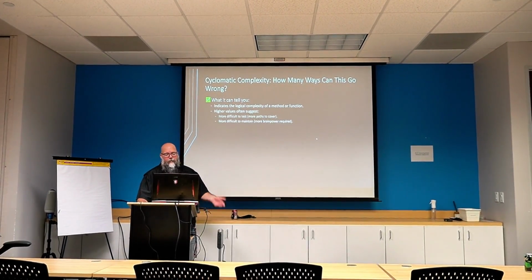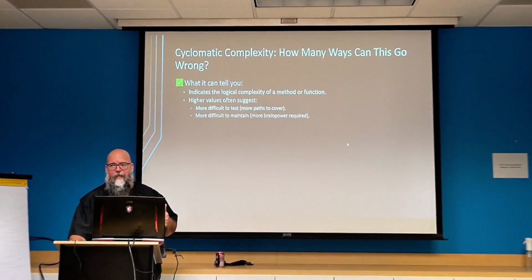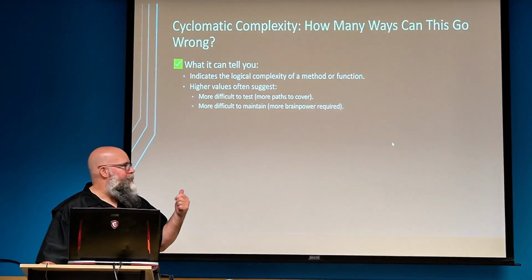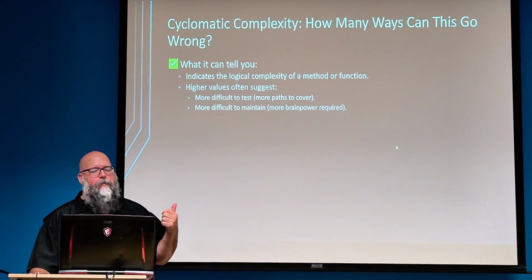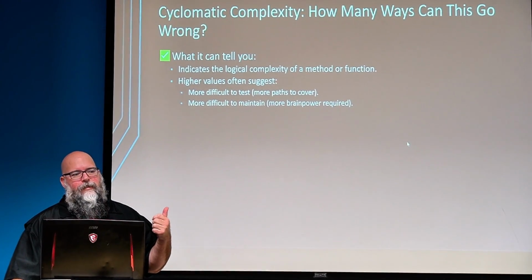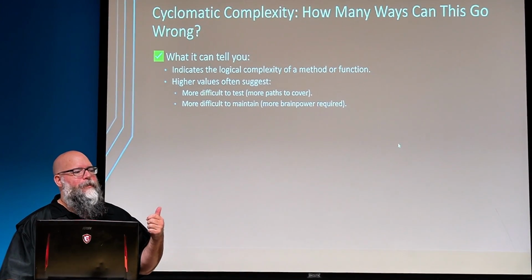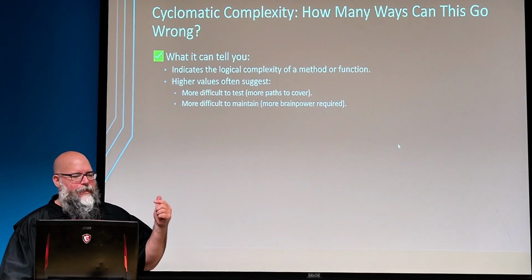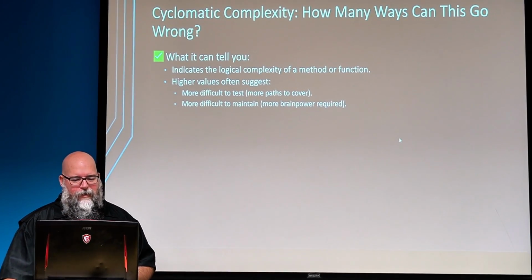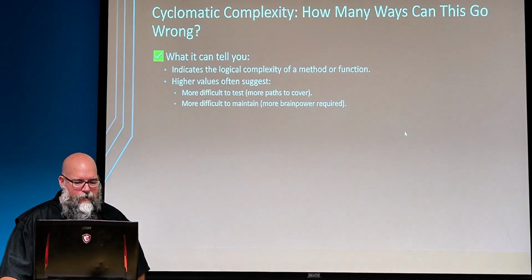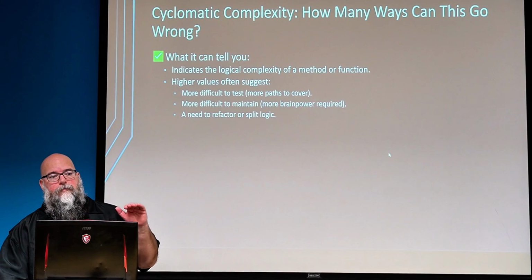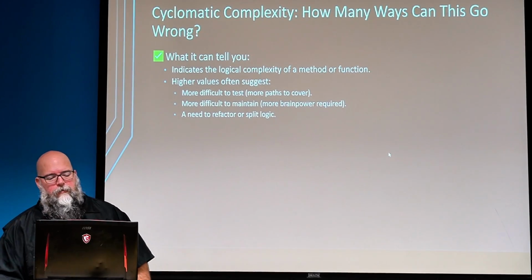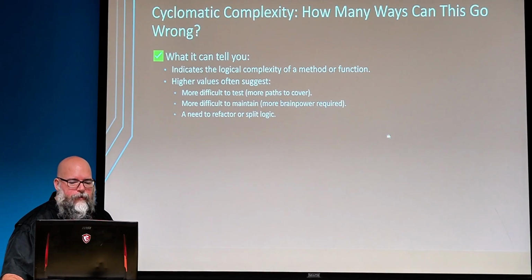All right, so it's also more difficult to maintain, right? I think I made a good point with that. The cyclomatic complexity over 9,000, you can't keep all that in your head. We didn't have ChatGPT back then, but that might have been fun to feed that in, just to see what it does. It's also going to suggest what needs to be refactored or split out.